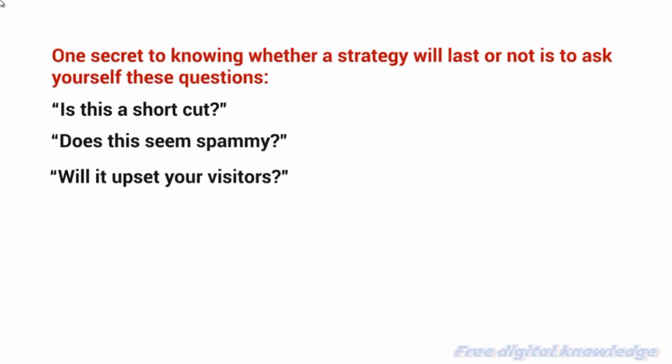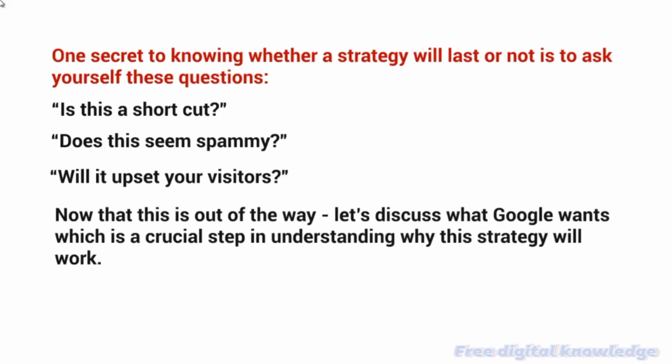Because if it does, then guess what? Google is not going to like what you're doing, because they care more about the people that go to Google or go to YouTube and type in a keyword. They care more about them because they are who they are catering to, essentially. So now that that is out of the way, let's discuss what Google wants, which is really the crucial step in understanding why the strategy will work.